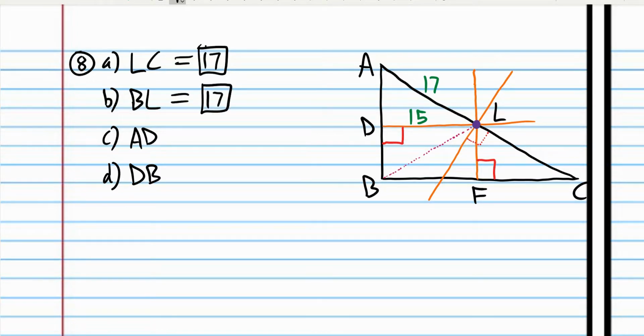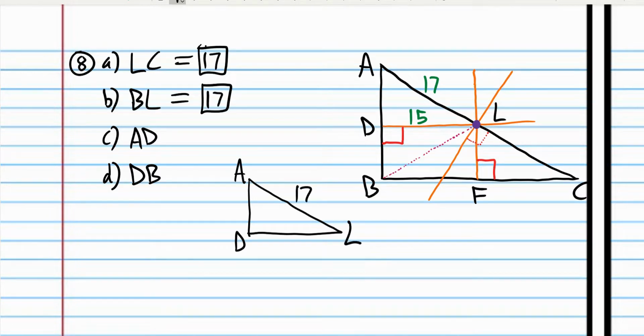AD, again, we have a perpendicular bisector here. Actually, I guess that doesn't really help us because we don't know either of these lengths. But we do know that this length is 15 and this length is 17, and because this angle is 90, this angle must be 90 also, so we have a right triangle. So we can take that triangle out, and I'll put it over here. We have ADL.